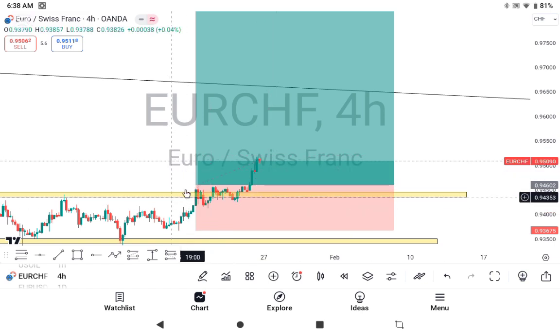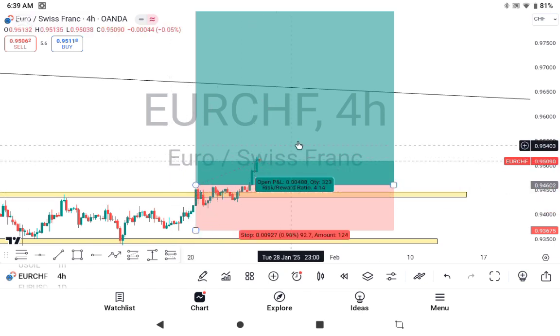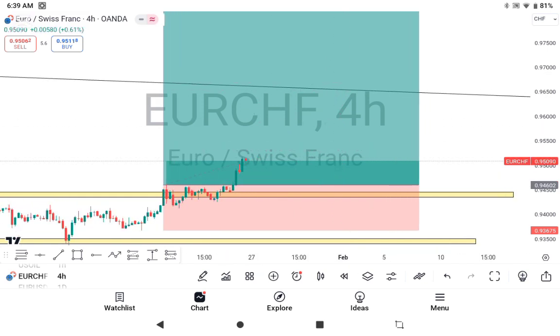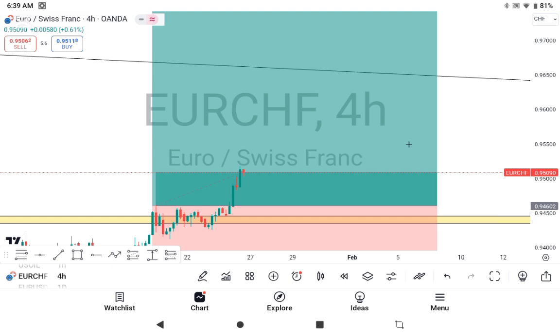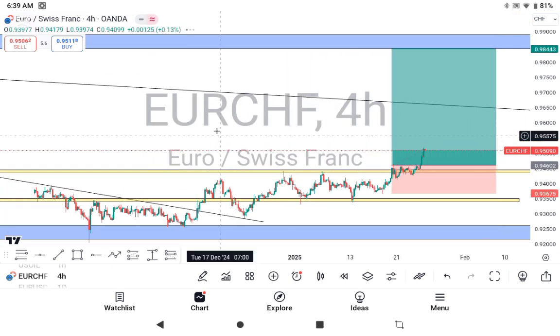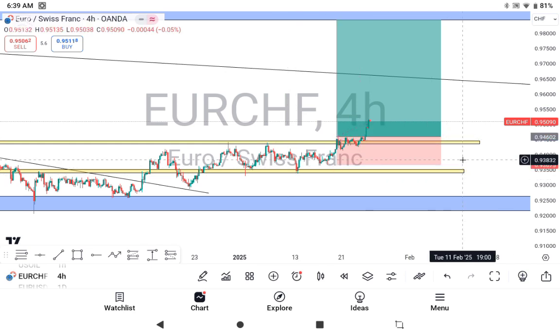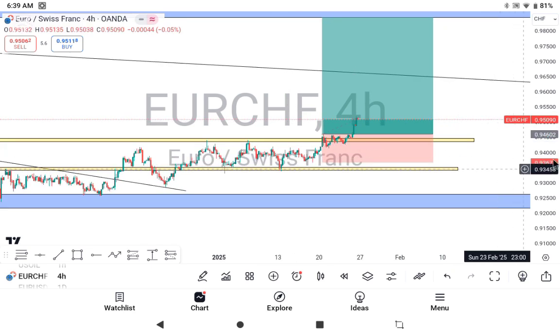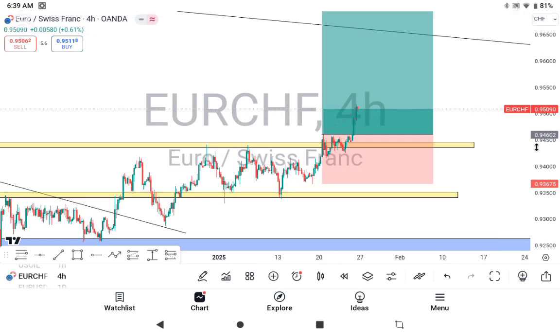That happened, and I jumped in for a buy. So right now I'm currently on this buy to this level right here. Everything is good to go. EURCHF price is good to go now.